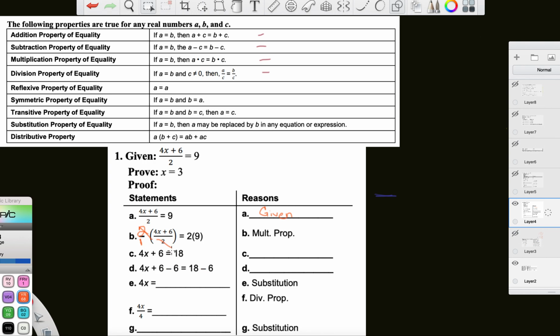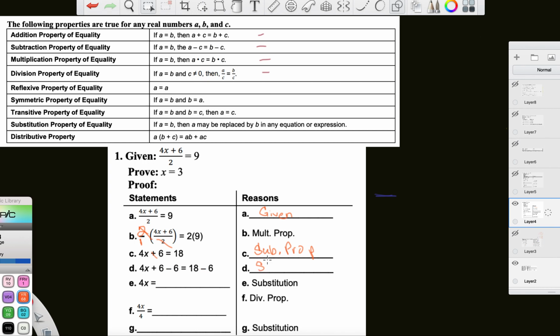Now, what did we do? We just did the work, right? And we put these together. So we used the substitution property. We did the math, right? And then what are we doing? We're trying to get rid of this 6 here, so we subtract 6 on both sides.